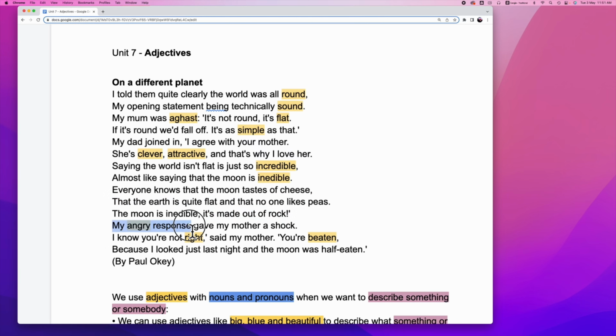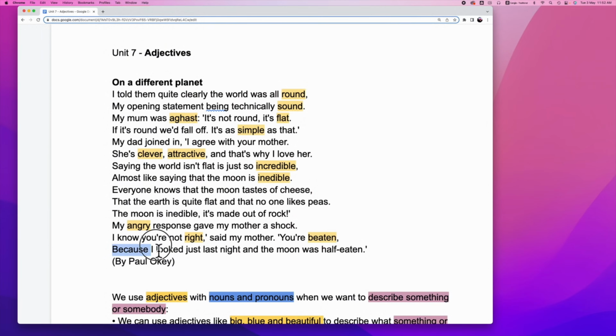My angry response, the word angry, gave my mother a shock. I know you're not right, said my mother. You are beaten. The word beaten is another adjective. Because I looked just last night and the moon was self-eaten. That was a poem by Paul Cookson.